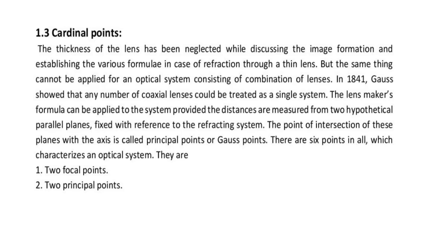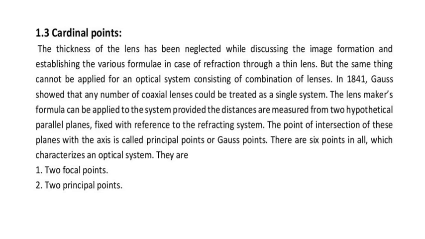The lens maker's formula can be applied to the system provided the distances are measured from two hypothetical parallel planes fixed with reference to the refracting system. The point of intersection of these planes with the axis is called principal points or Gauss points.